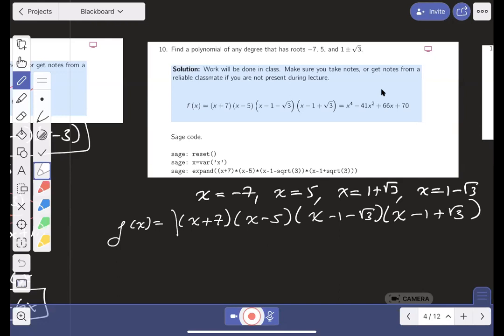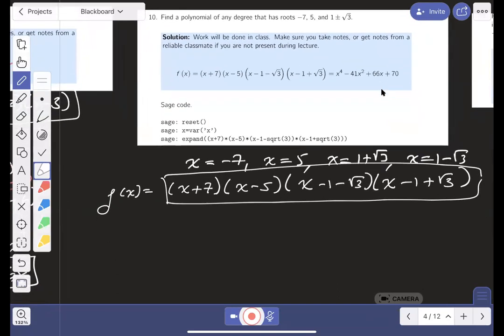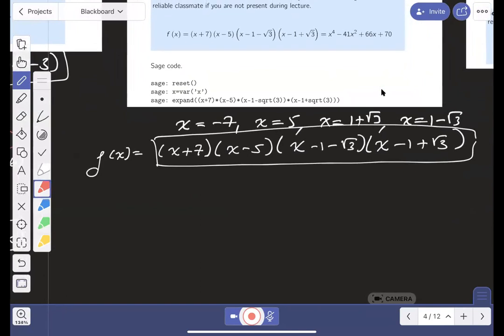All right, I find this to be acceptable. Some teachers don't. I want to go through the work. The way I'm going to do that, these two and then these two. Let me go through that with you. That's going to be x squared, minus 5 plus 7 is plus 2x, minus 35.